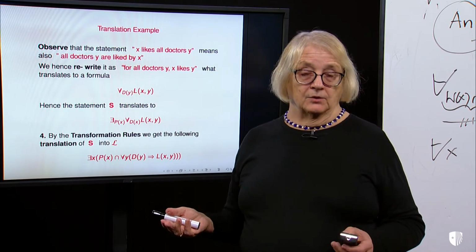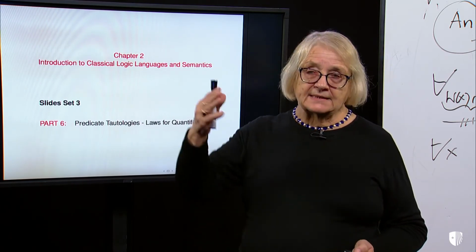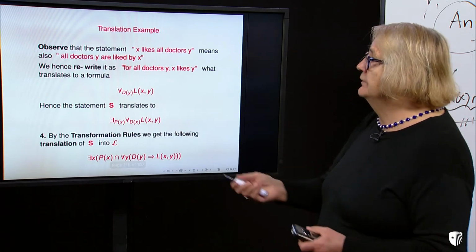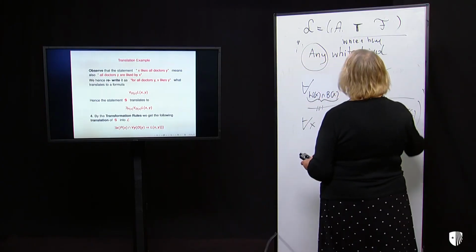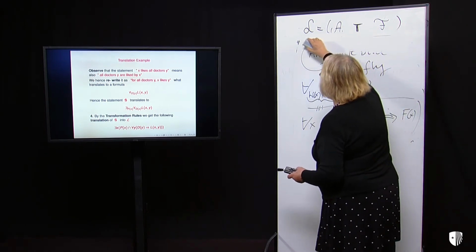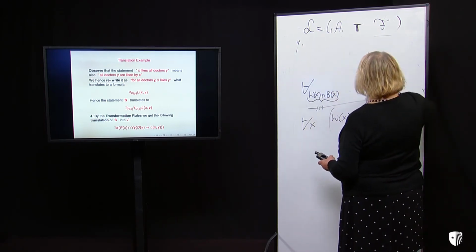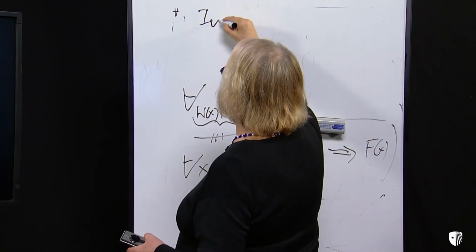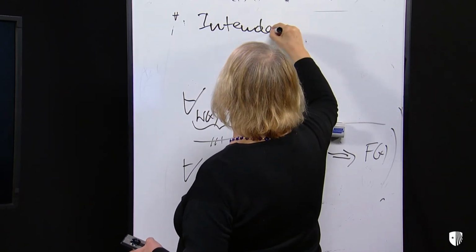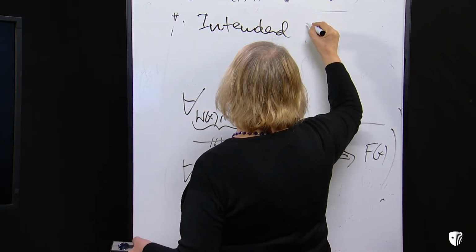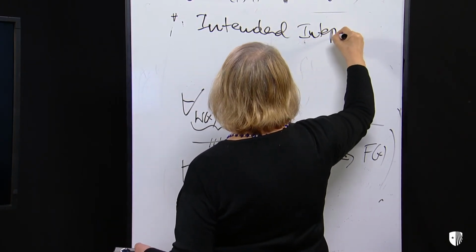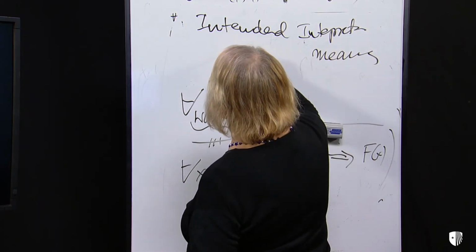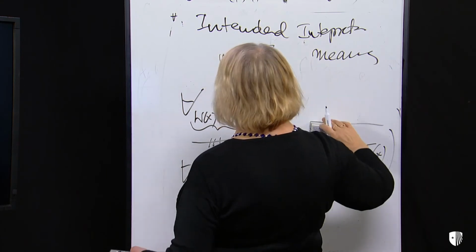And also in the next step you do predicate tautologies, but what I want to remark is that when you deal with this kind of problem, we use what is called intended interpretation, or meaning, in AI or in computer science.